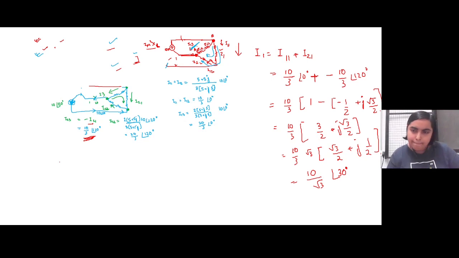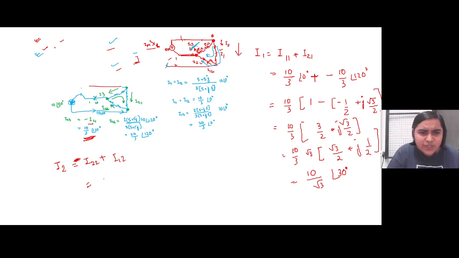Then let us similarly calculate I2. I2 will be I22 plus I12. Can you calculate in the similar way?